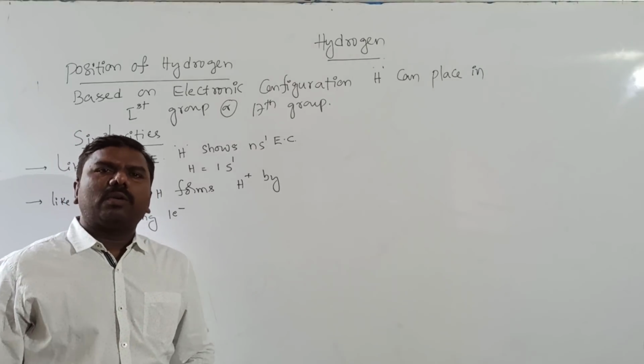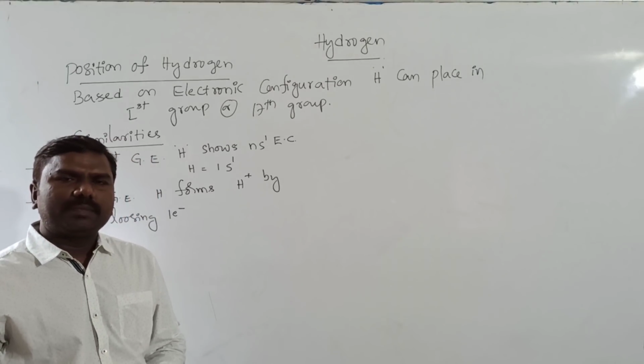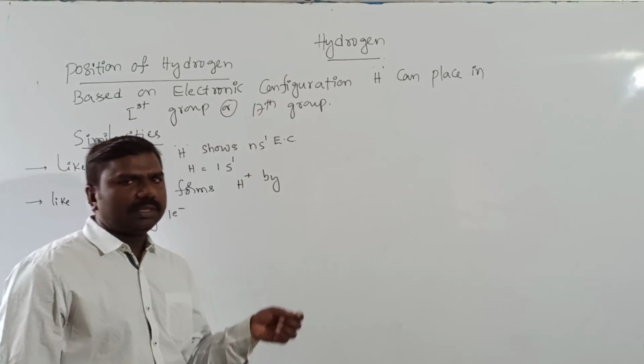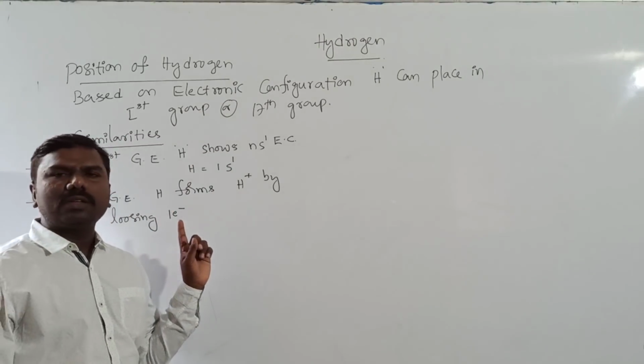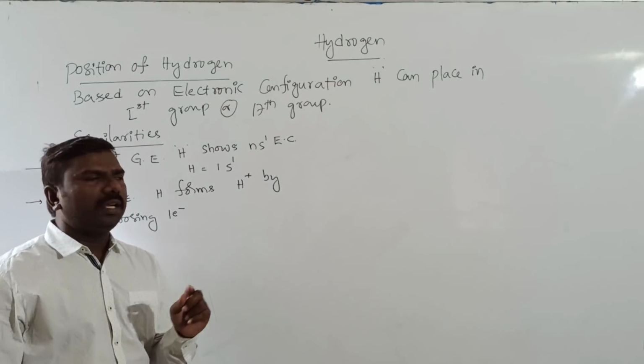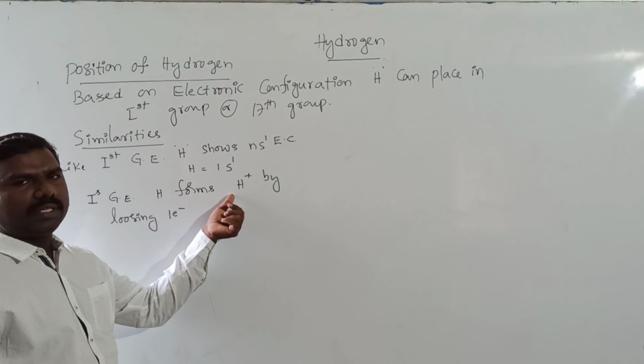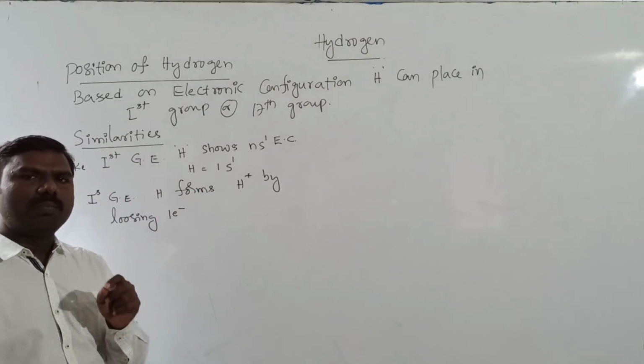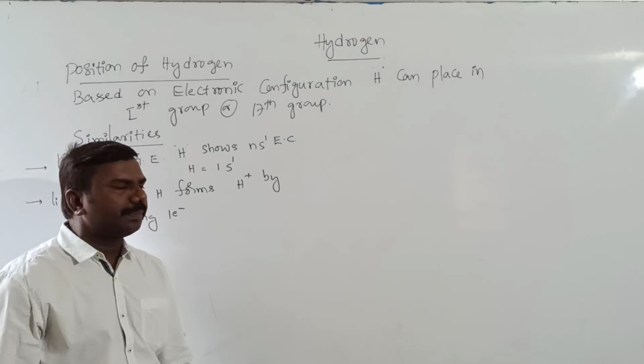Sodium lost 1 electron, then forms Na plus. Similarly, Li lost 1 electron, then forms Li plus. Similarly, hydrogen can also lose 1 electron only, then forms H plus. First A group and hydrogen can form monopositive ions.